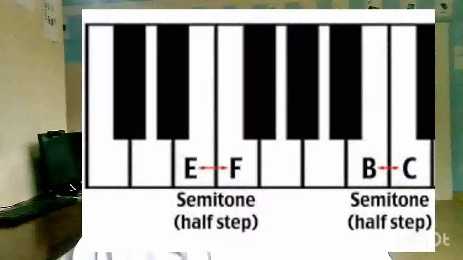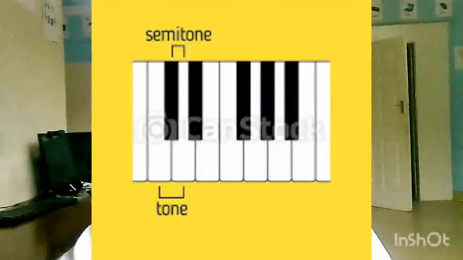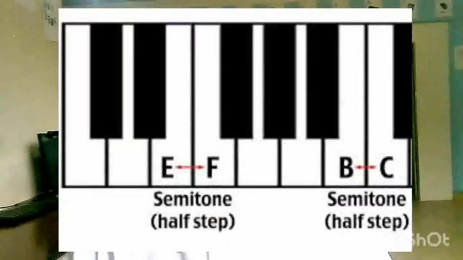Remember when we were looking at tones and semitones, a semitone is the smallest distance we have in music, and it takes two semitones to make up a tone. So a semitone is half a tone. From C, we go to C sharp, then we go to D. We go via the black note on the piano. So from C to D, it's a tone.